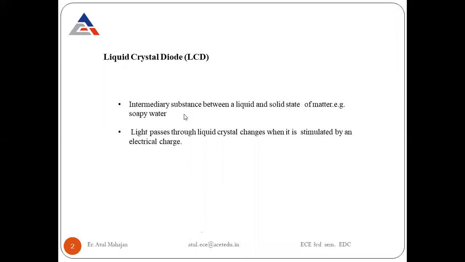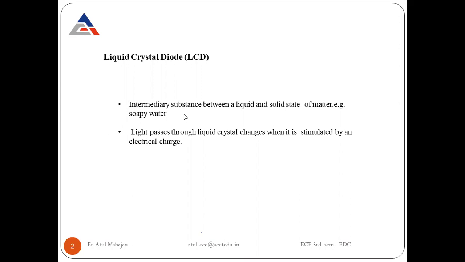It is not a solid, and it is not a free-flowing liquid like water, but like soapy water, a bit thick, a semi-solid or electrolyte-like substance. That is the kind of substance used in your liquid crystal displays.